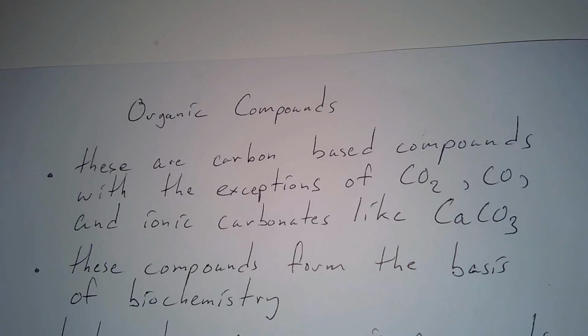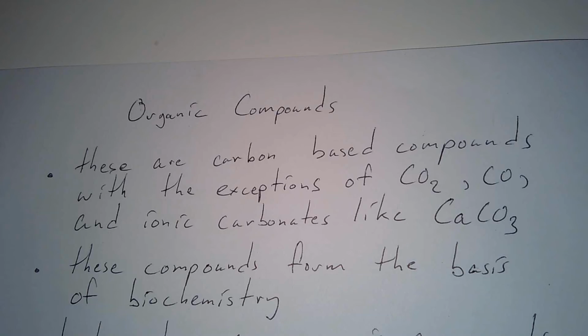Now, the reason why organic chemistry is so useful is its versatility. Organic compounds can be really long, a long chain. That's what we call a polymer. They can be ring structures. Something like a glucose molecule is cyclic, which means it's closed in. It's a ring.